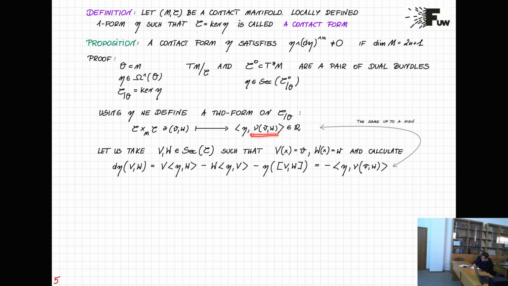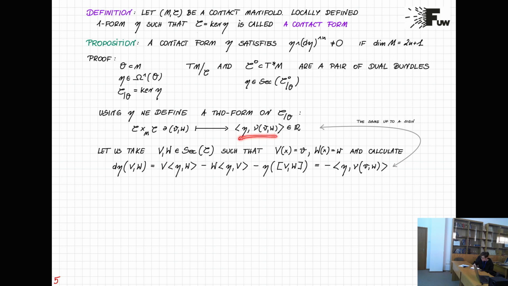I take my previous two form and I contract it with the distinguished section of the dual. In such a way, I obtain a two form with real values on the contact distribution.